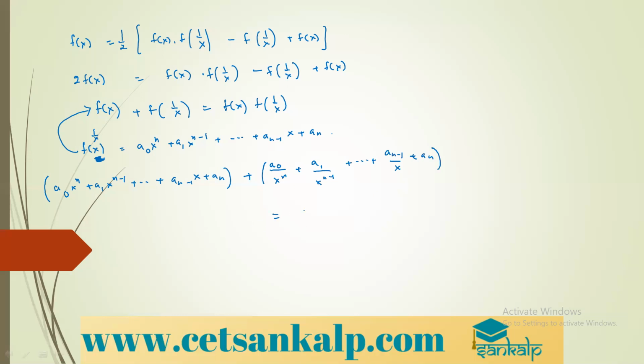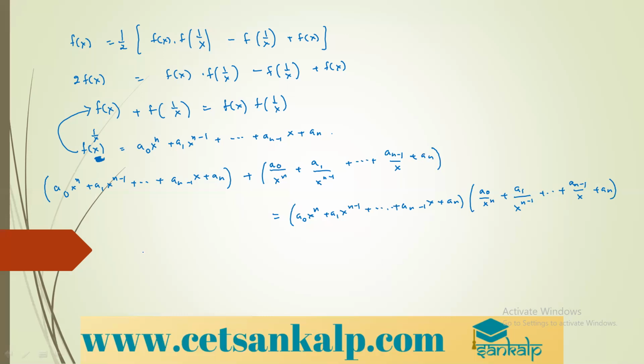And that is equal to, again, f of x, a0 x power n, a1 x power n minus 1, and so on, a n minus 1 x plus a n, into f of 1 by x, that is a0 by x power n plus a1 by x power n minus 1, and so on, a n minus 1 by x plus a n. This is what I have.